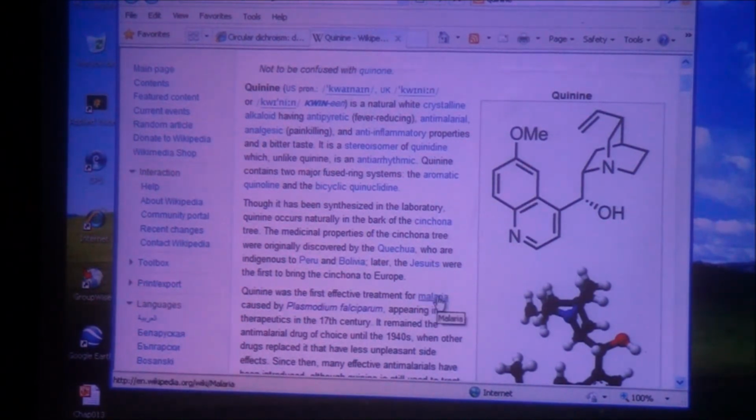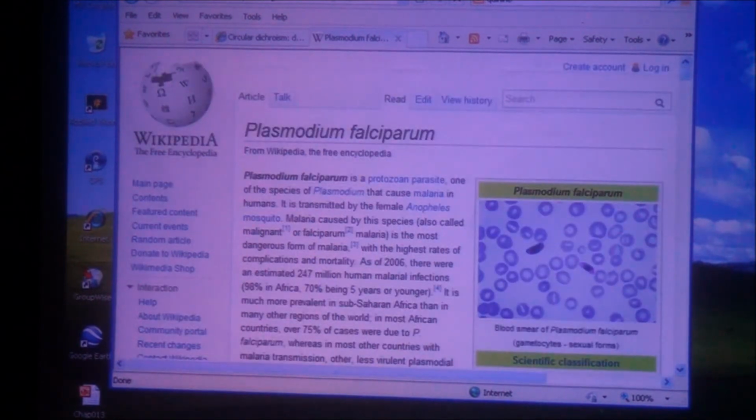You can read about it: malaria is a disease that's created by a mosquito, and then there's a plasmodium. It's a protozoan, a little microorganism that lives inside the gut of the mosquito. When it bites you, this little microorganism goes into your bloodstream, and then it essentially sets up shop in your liver, and it creates little children and eats your liver.